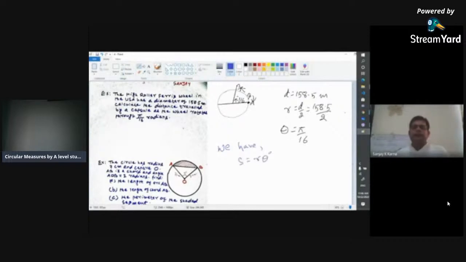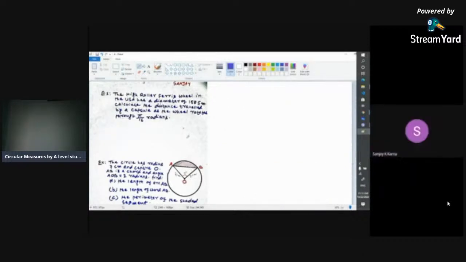Here you put the value of R, which is 158.5 divided by 2, and theta is pi by 6, when the wheel rotates through pi by 6.